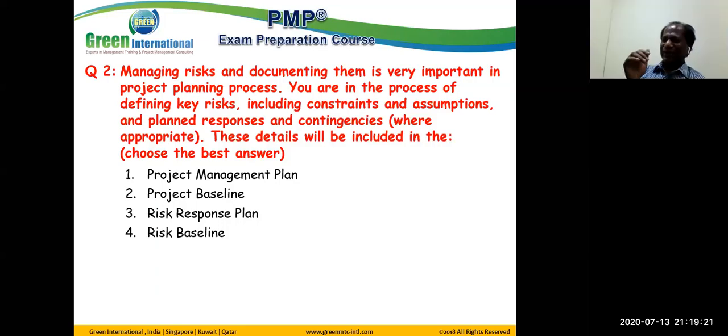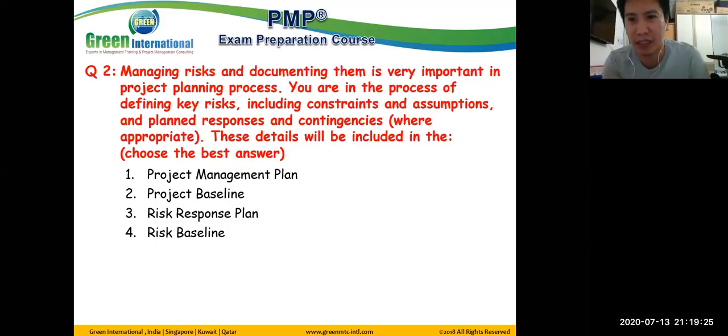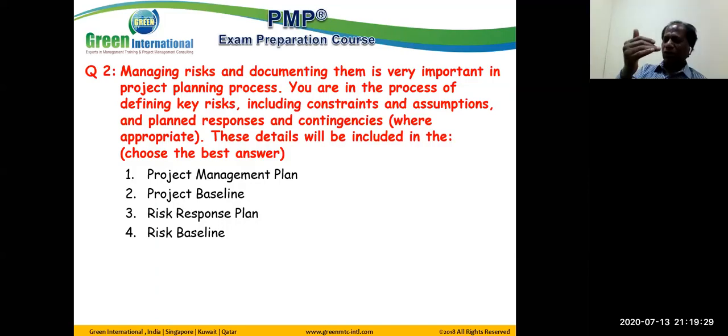There is no risk baseline, including the constraints, the assumptions. All these are being analyzed in the risk. When you talk about the risk, what is the risk? What is the nature of the risk? Where is the source of the risk?